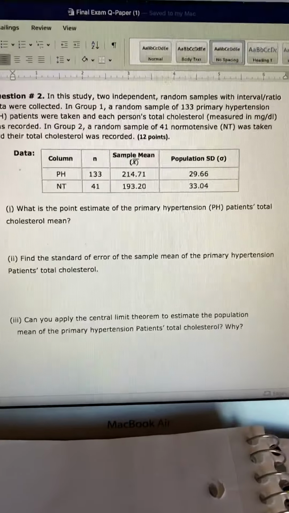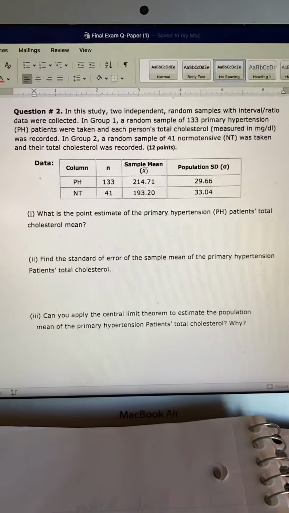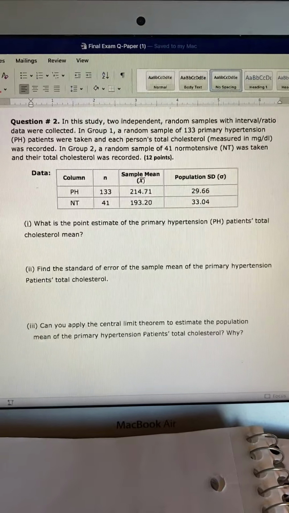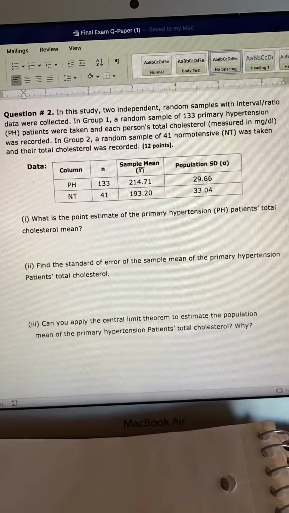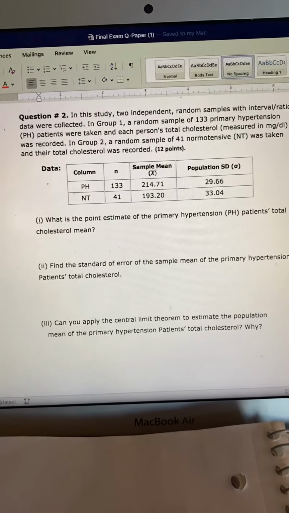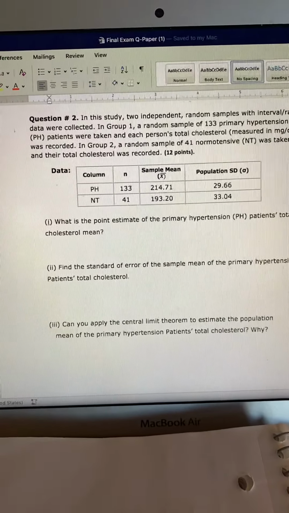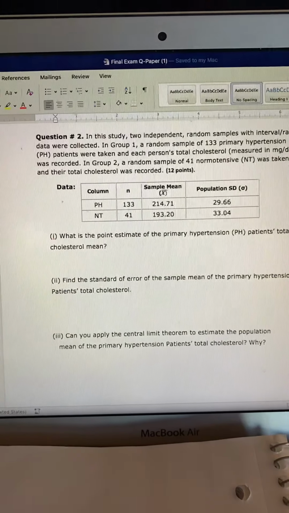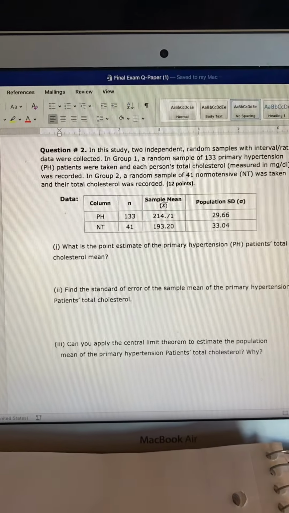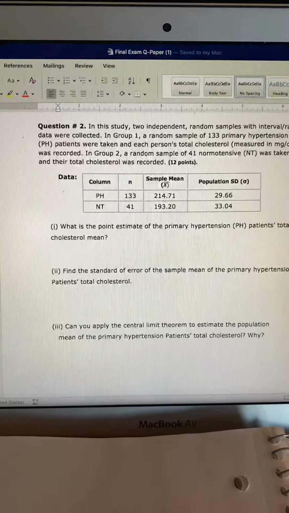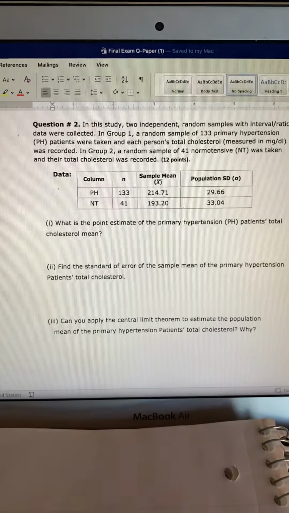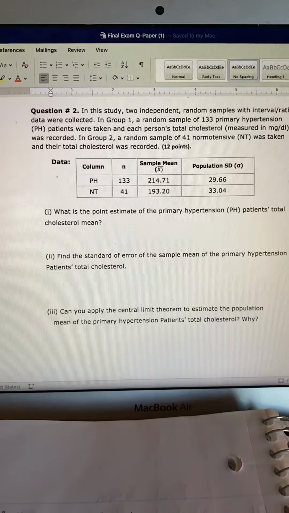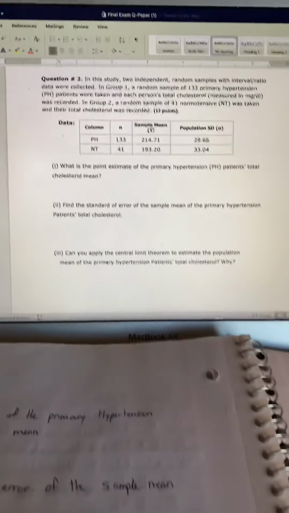Question number two is kind of similar to the last question. Two independent random samples with interval/ratio data were collected. In group one, a random sample of 133 primary hypertension patients was taken, and each person's total cholesterol, measured in milligrams, was recorded. In group two, a random sample of 41 normotensive patients was taken, and their total cholesterol was also recorded.